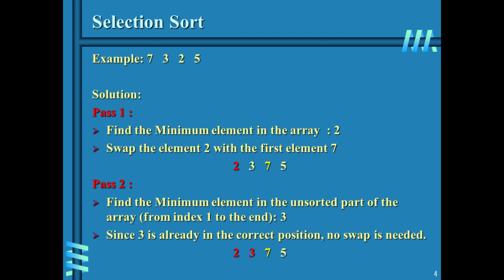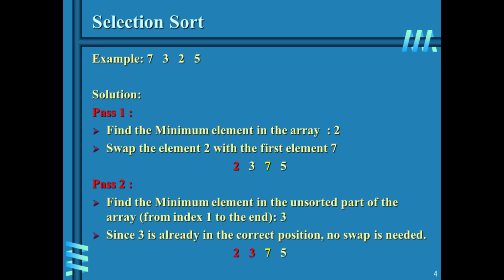So after pass 1, consider the second element 3 to be the next minimum element in the array and compare it with the remaining elements from the unsorted array. Since the element 3 is the minimum among the remaining elements, swapping is not required. Now, after pass 2, the output is going to be 2, 3, 7, 5.